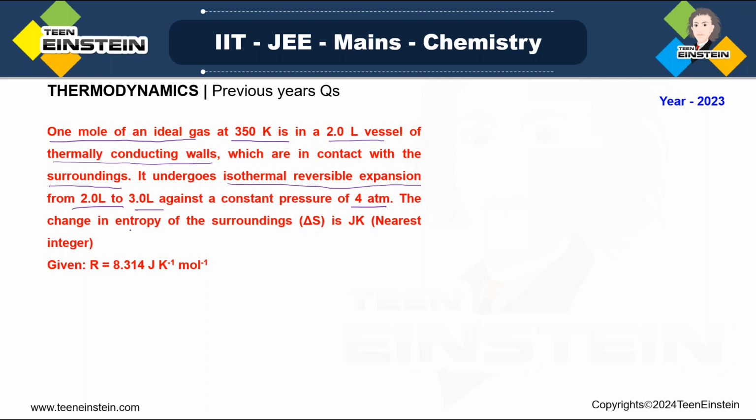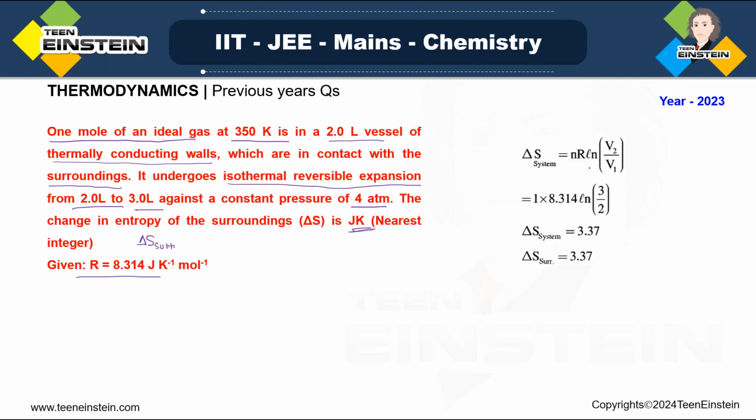We have to find the change in entropy in the surroundings. That is del S surroundings we have to find in joule per Kelvin. Okay, R value is given. Now in this case, you can directly use the formula for del S, which is this one.